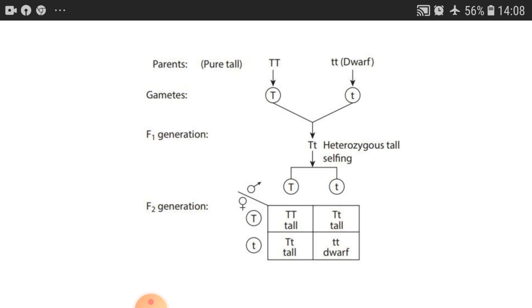The Punnett square shows the parental tall, that is the pure tall, capital T and capital T male, and the dwarf, small t and small t. The gametes produced in the F1 generation are capital T and small t, and then on self-pollination they produce the F2 generation in the Punnett square.